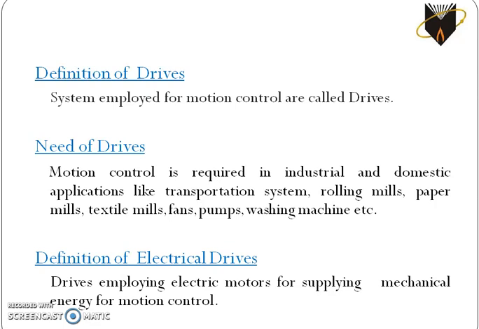Drives are required to make the motion, and not only motion, controlled motion is required. So in all places, drives are required. Not only transportation, but also rolling mills, paper mills, and textile mills. In most places, we can see this kind of drive system for motion control applications.